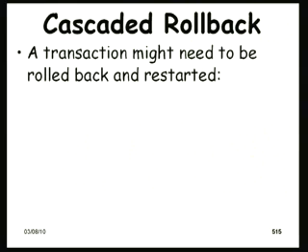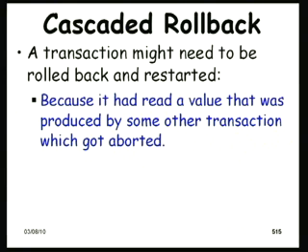But one problem with the rollback is the cascaded rollback. When we roll back one transaction's effect, then several rollbacks might have to be carried out, because the read and write values produced by this transaction which got aborted might have been used by some other transactions.